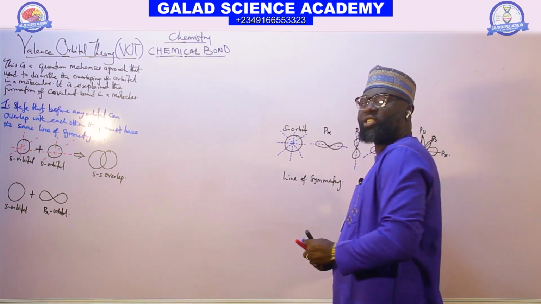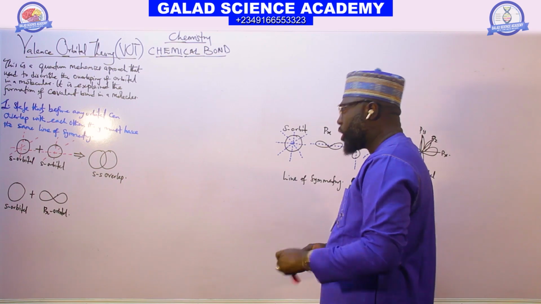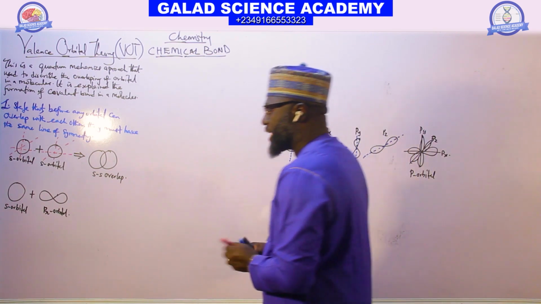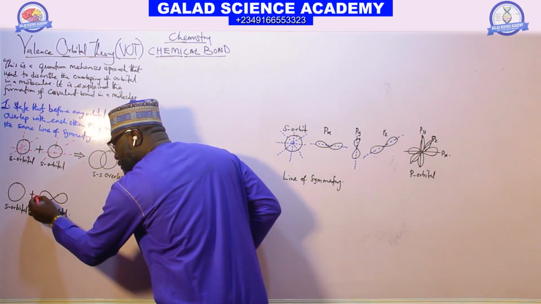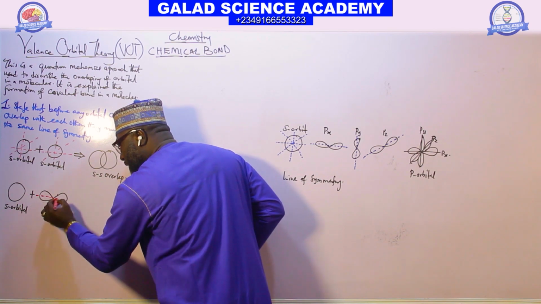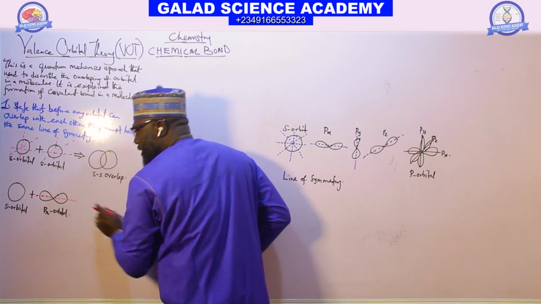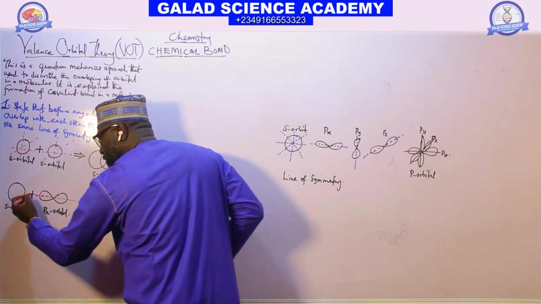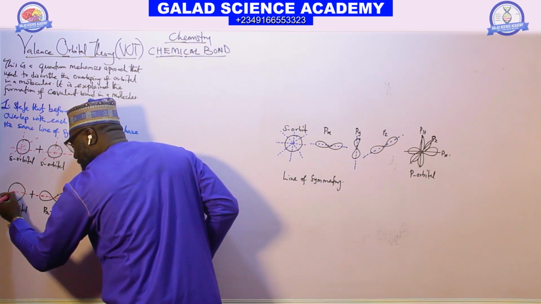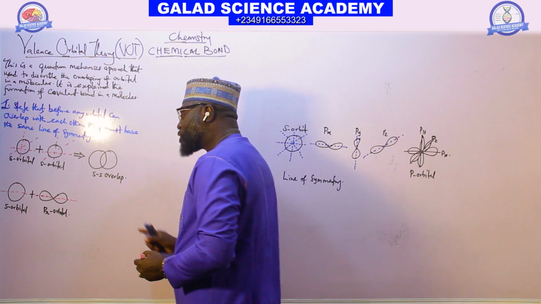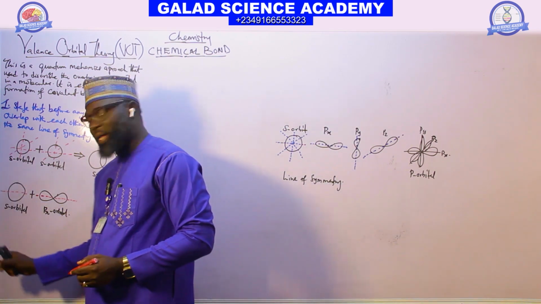Do they have the same line of symmetry? Let's check. The line of symmetry of Px is this. If you continue like this, the line also divides S into two equal parts.